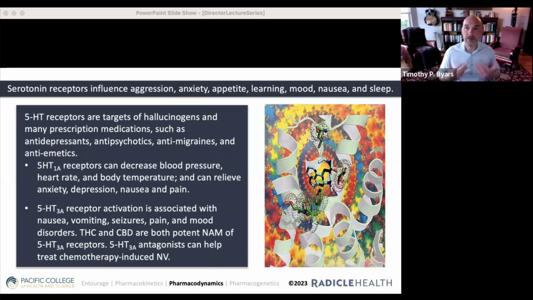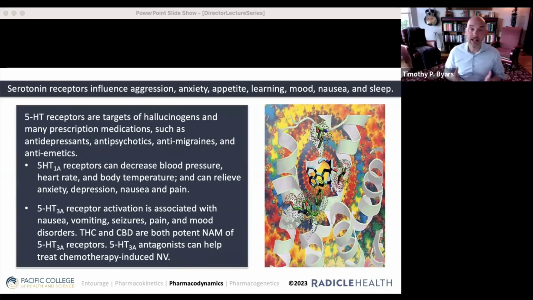They're anxiolytic when they're activated. There's also some research in animal models that suggest that these receptors can help mitigate liver damage. And again, the animal model research is also pointing to the receptor activation as being anxiolytic. They help with depression, they help with pain, they help reduce nausea.